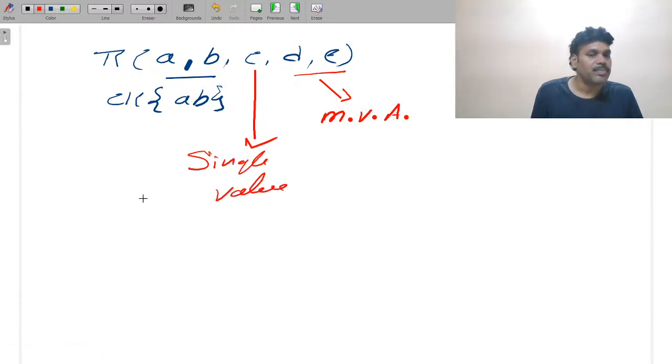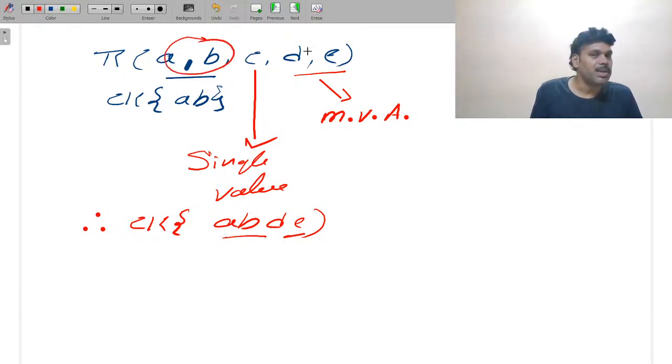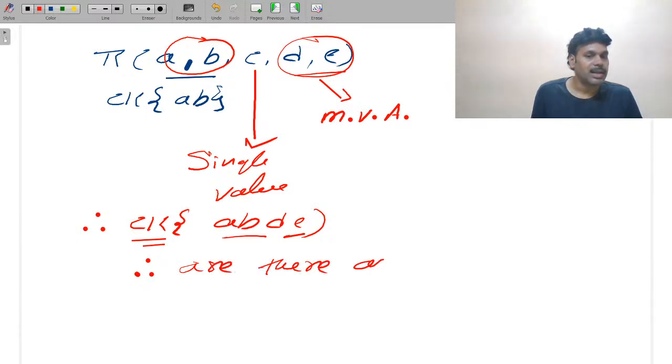Now we confirm there may be a chance of multi-value dependencies, as your candidate key is ABDE, because your old candidate key AB is combined with DE. Now your new candidate key is ABDE. Now my question is, are there any MVDs? We confirm yes.